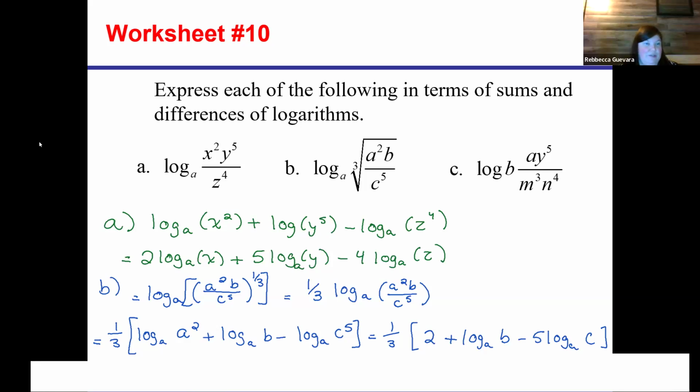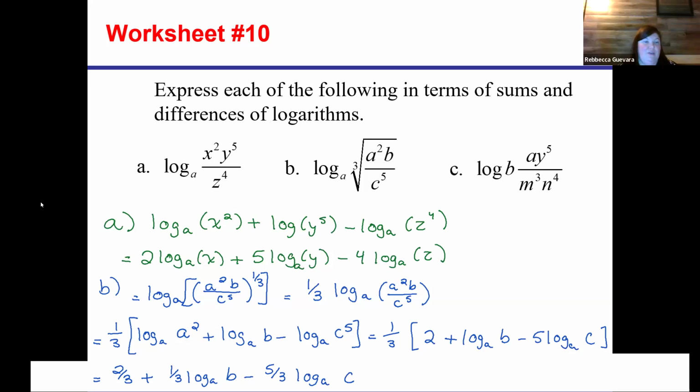Almost finished with b now. So just fully expand this as much as I can, and now we can multiply by that 1/3. So we have 2/3 plus 1/3 log base a of b minus 5/3 log base a of c.